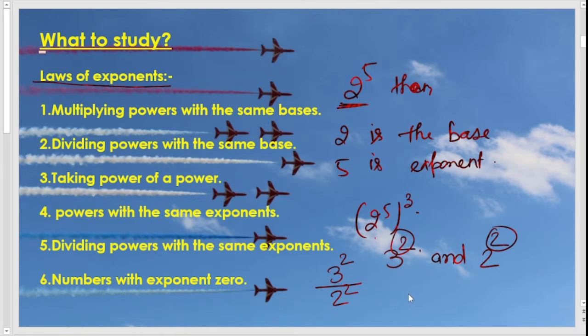And last is a number whose exponent is 0, like 5 to the power 0. We will study all about it in the coming chapter.